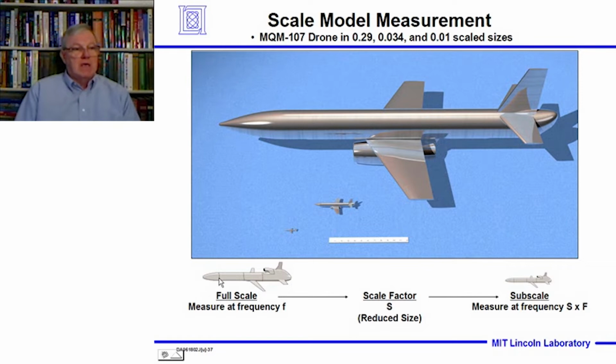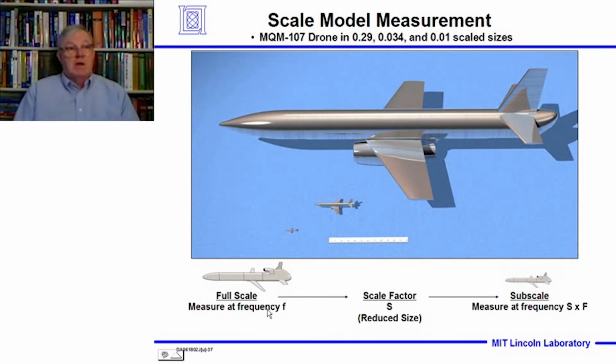So if you're at full scale and you want to make a measurement at frequency f, and you scale down the size of your model, reduced size, you divide it by S, say S were 2, half size. In this, it's about a 30th, so S is a 30th for this one right here. And in the subscale, you make those measurements at a frequency S times the frequency you want to know the data for. And then you've got the right frequency.